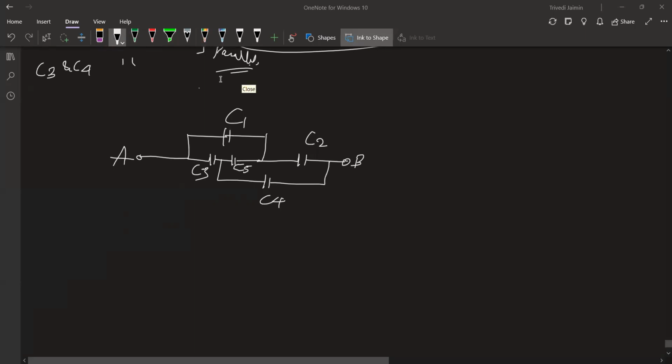Which capacitor will be in parallel and series? Sir, I think C1 and C4 will be in series and C3 and C2 will be in parallel. Okay, let's check. Any other answer?